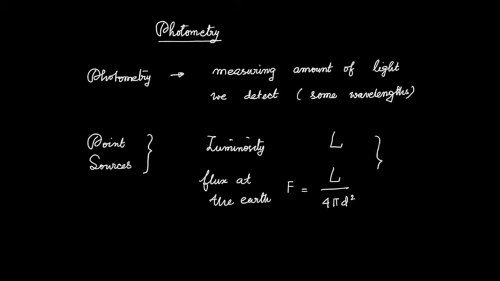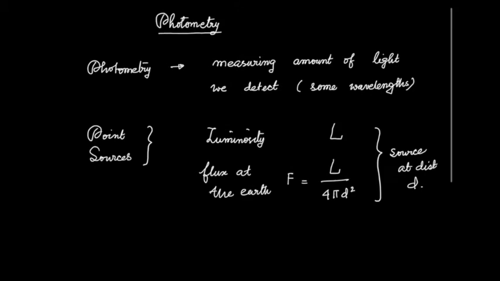This will all work out if you want to do it for specific flux or specific luminosity, which I am not putting in because that's not required for this particular discussion right now. The source is at a distance d. So this is the flux.